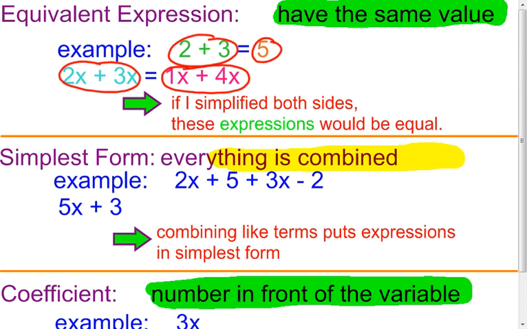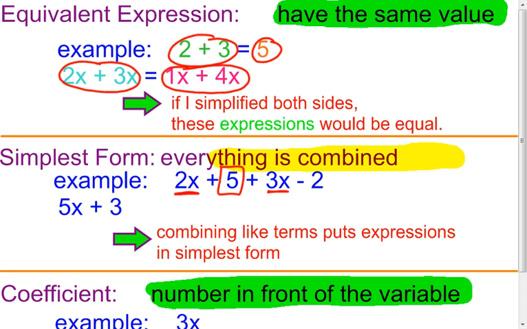Then, if they are in simplest form, it means that everything has been combined that could be combined. So I want to look at like terms and put them together where I can. So right here, I have a 2x and a 3x. Same variables, same exponents. So I would add the numbers that are out in front, or the coefficients, and 2x and 3x would make 5x. Same thing here.